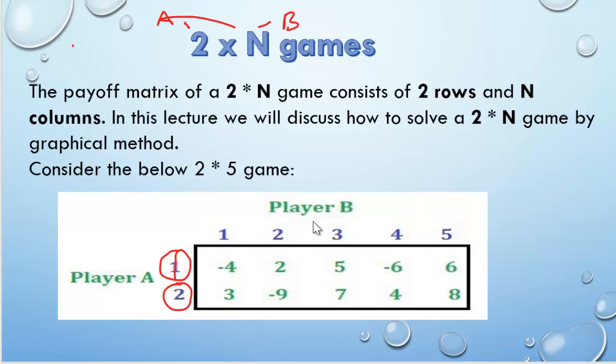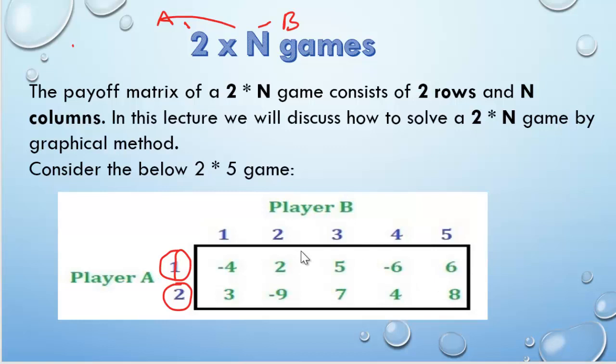So definitely here player B has an advantage, to choose from the 5 strategies which is best for them. Player B will try to minimize its loss, it's about minimax, and player A is about maximin. It is trying to maximize the minimum gain, whatever it has.